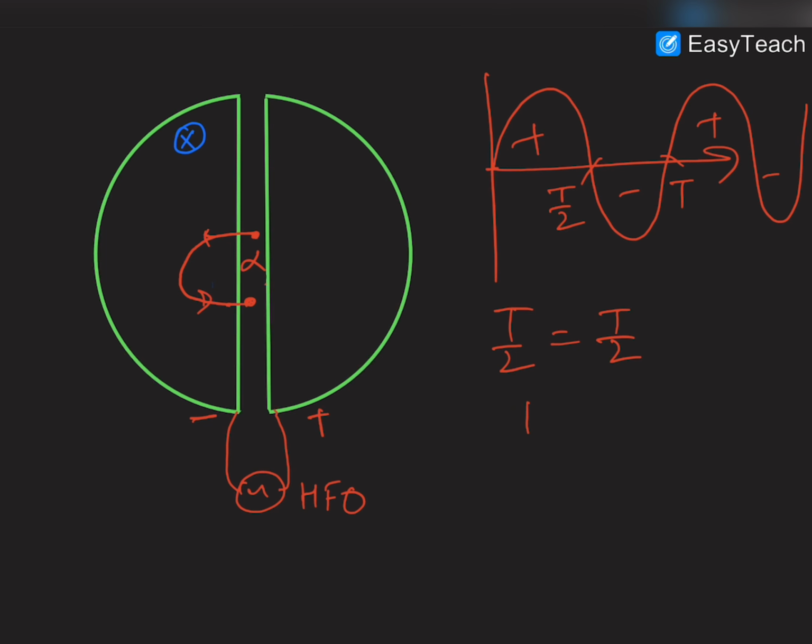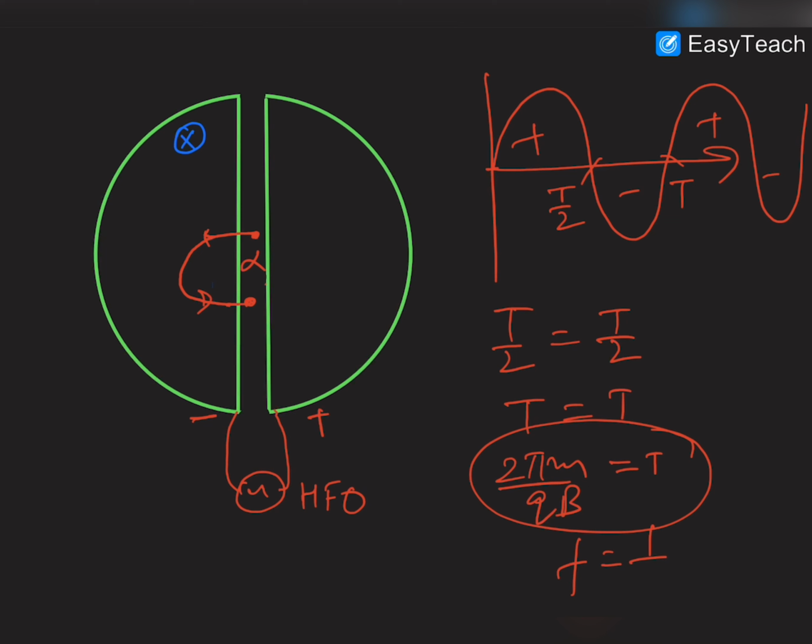So their full time period should be the same, and the time period of circular motion of the particle in a magnetic field is 2 pi m by qB, and that should be equal to T. So the frequency of the HFO is 1 by T, which is qB by 2 pi m. So the frequency of this HFO is controllable, and we can set this frequency for the HFO.